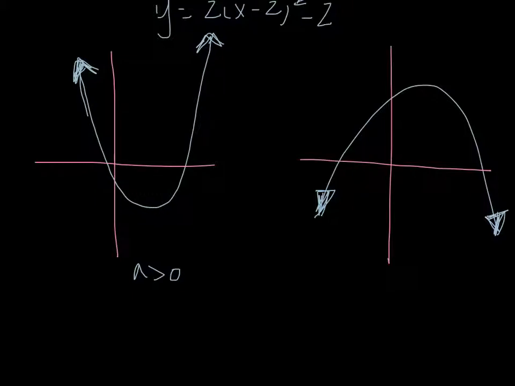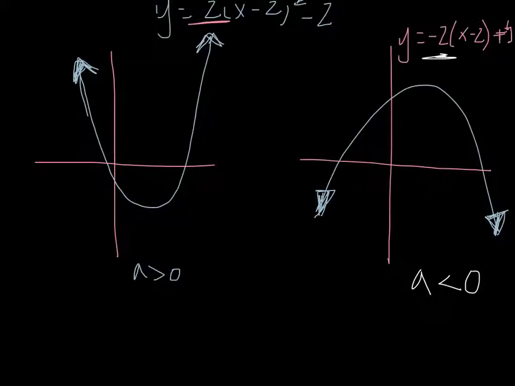This is the leading coefficient, that's your a, and it's positive. If you have an equation like y equals negative 2x minus 2 squared plus 5, your a term is negative, so this is where a is negative and the graph opens down.